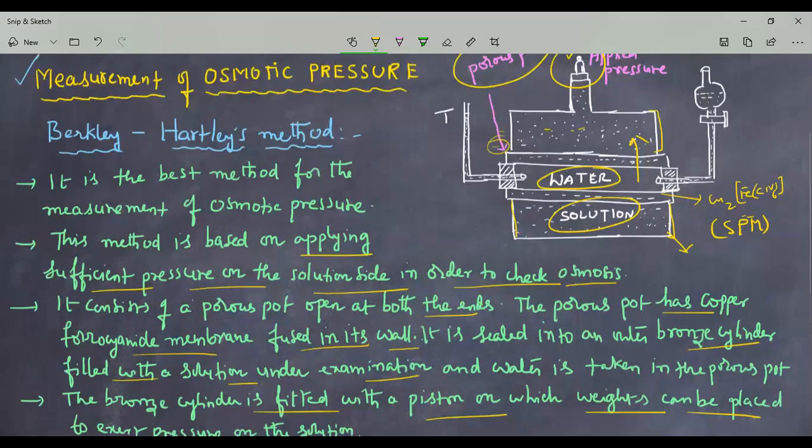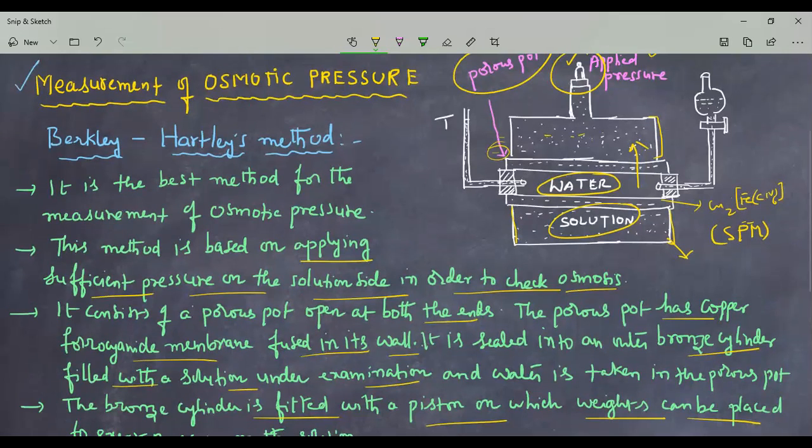When we employ this pressure using the piston, to bring the level of the entire porous parts at both ends back to the original position, how much external pressure we employed on the solution side when the water starts moving into the solution via the semi-permeable membrane according to osmosis, that will be noticed as osmotic pressure.